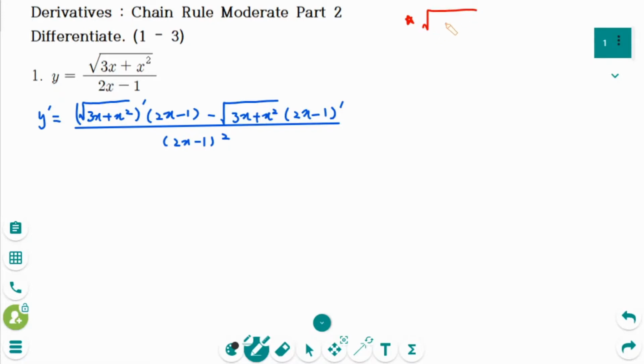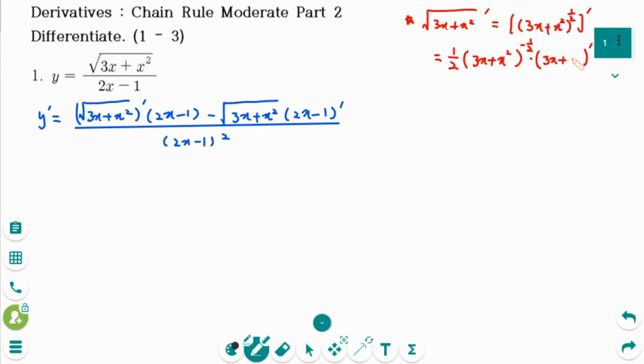The derivative of the square root of 3x plus x squared: we can rewrite it as 3x plus x squared to the power of 1 over 2, prime. Then use the general power rule: 1 over 2 u to the power of minus 1 over 2 times u prime. Then keep the inner function, which is 3x plus x squared.